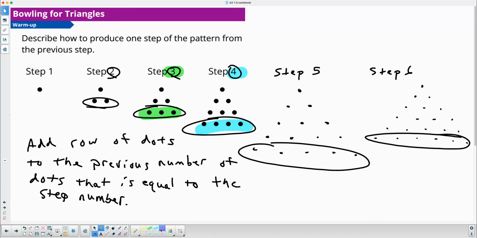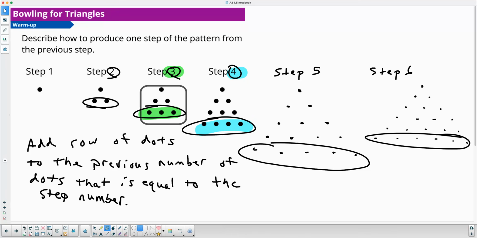And notice what I'm doing here is I'm taking the previous number of dots and I'm adding it to that. Okay, so you can see here, step 4, I kind of boxed them in there. I took the previous picture, which was step 3, I put them both in the box, and then I added the step number 4 there. Okay.